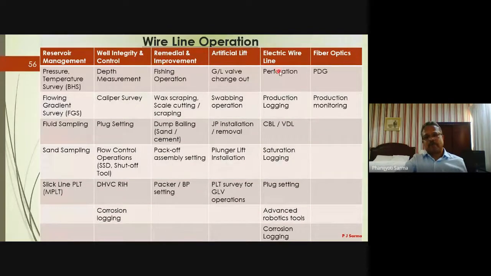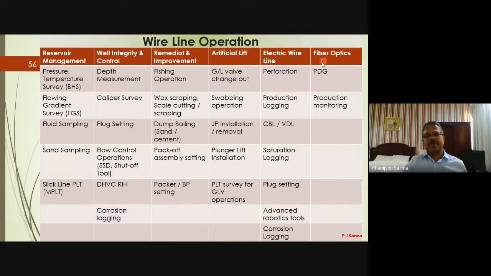So for the electric line, you can do perforations, logging operations, cement bond log or variable density log, saturation logging, water saturation logging in the formations, plug setting, then advanced robotic tools. Sometimes we deploy advanced robotic tools to carry out certain downhole operations, and corrosion logging. Those come under electric line operation.